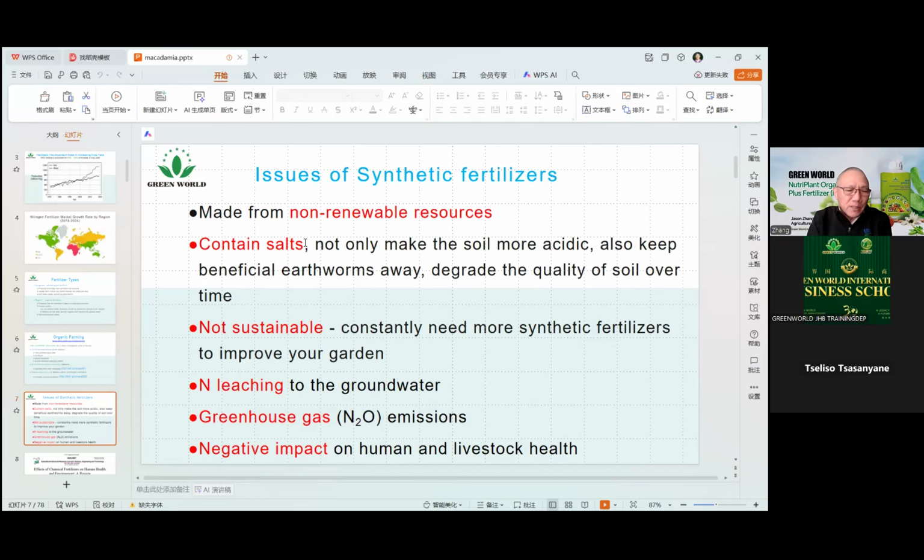If you do side dressing, make sure you open the soil, put it in, and cover it. If we don't cover it, you will lose a lot of fertilizer, especially nitrogen. It's water soluble and it will evaporate, you will lose it. So these are a lot of the bad things about conventional fertilizer. We don't want to see that too much.